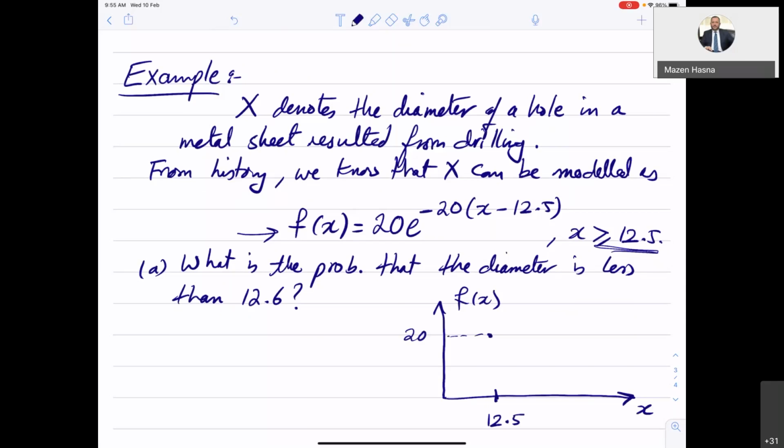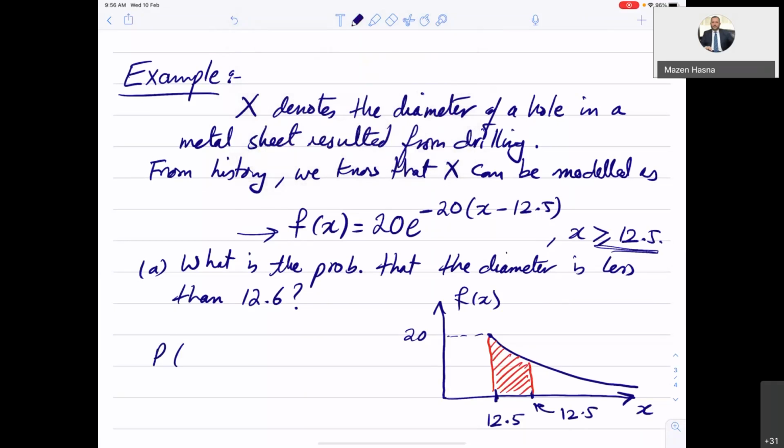And then as x increases, this is an exponential distribution, so it will be like this. And I'm asking, what's the probability that the diameter is less than 12.6? So say this is 12.6. So basically what I'm asking you is to find this area.